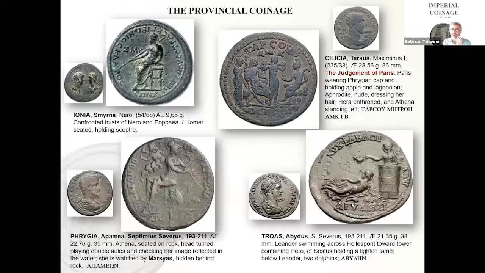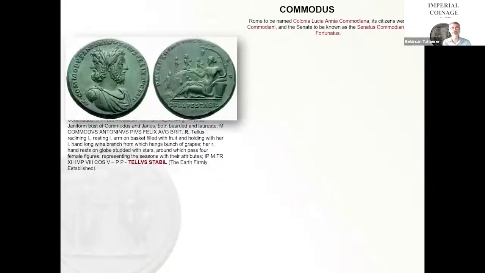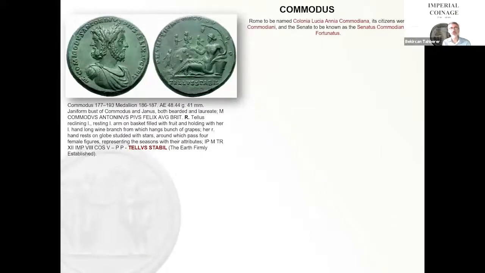And you even see the fish, dolphins in the sea. The imagination of the artists on these provincial coins is incredibly endless, and there is so much to learn from these coins.